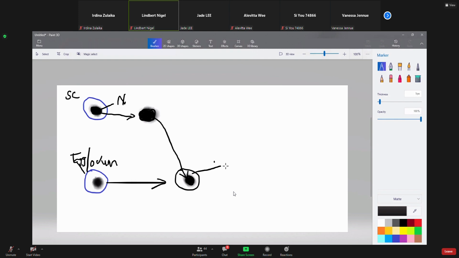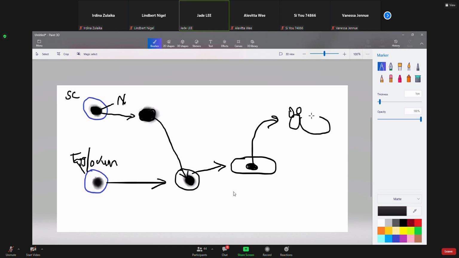Then this one, they culture it, put in a plate, they culture it, and this cultured ovum is transferred into the surrogate mother. And this is how Dolly is made. Is that clear?